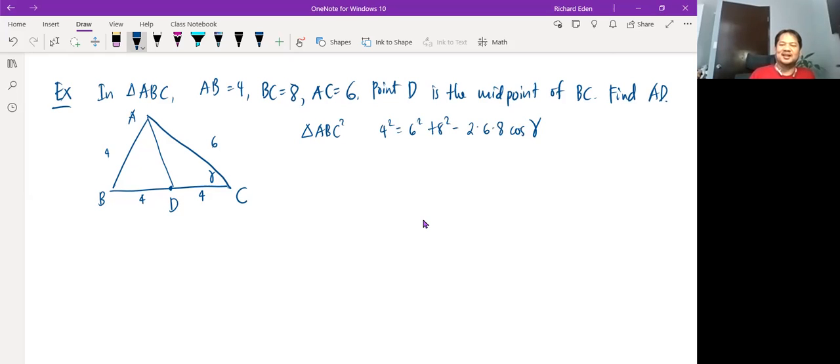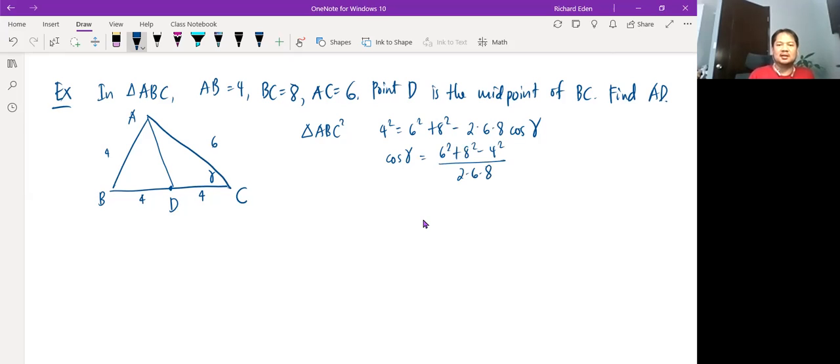So cosine gamma is 6 squared plus 8 squared minus 4 squared over 2 times 6 times 8. I'll simplify it later.